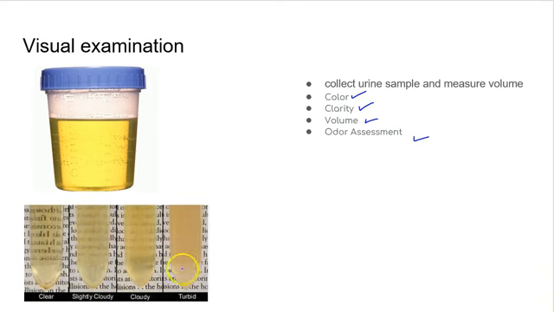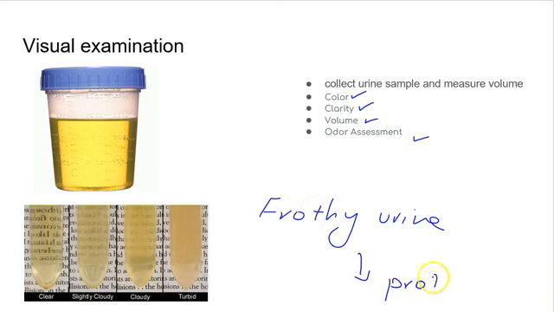When it's turbid as well, there is no word at all we can see. And also for the odor, the frothy urine is the sign of protein in urine, which is an abnormal amount. It's showing that there is an abnormal amount of protein in their urine.